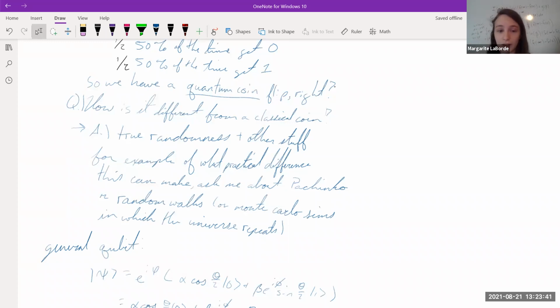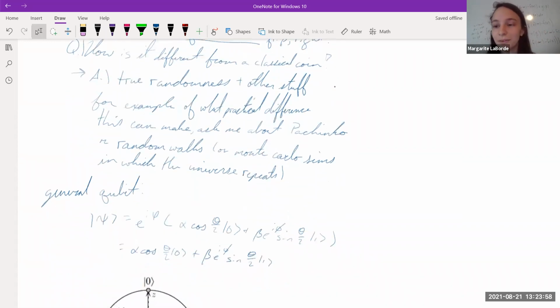Practically, what difference does that make? Well, without getting too much into particulars, it can make a lot, and you can see this in a sort of pachinko or random walk scenario, which you can feel free to ask me about if you're not done listening to me ramble at the end of this talk.